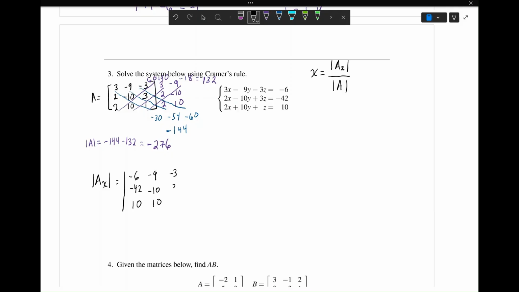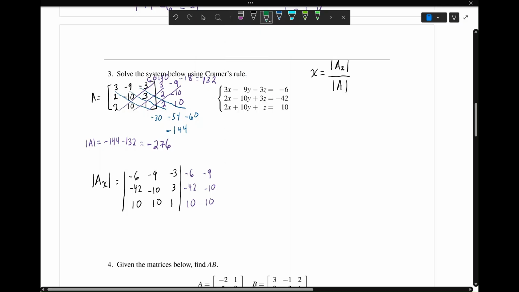Negative 3, 3, and 1. Then I'll go ahead and find that determinant by reproducing the first column and the second column, and multiplying along the diagonals. And remember, we always do bottom minus top.